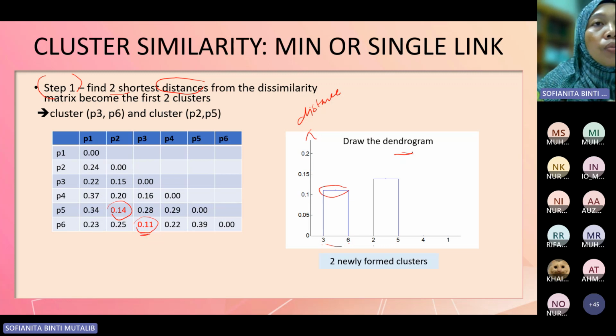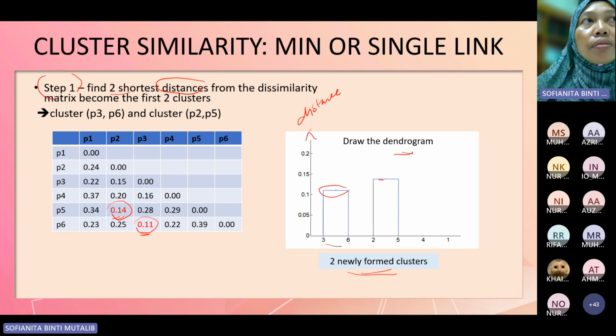Look at here, 0.11, and then look at here, 0.14. Now this is what we call the nested dendrogram.